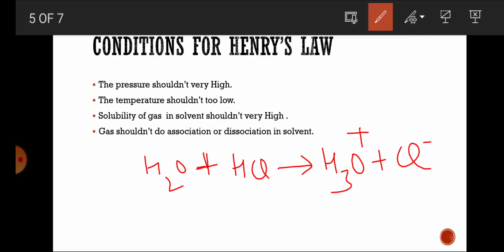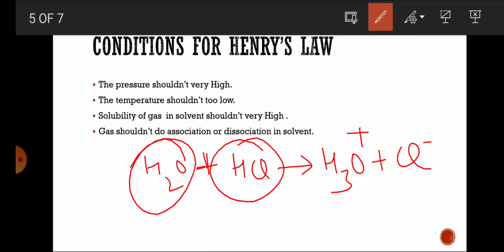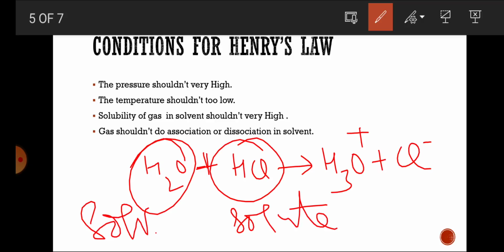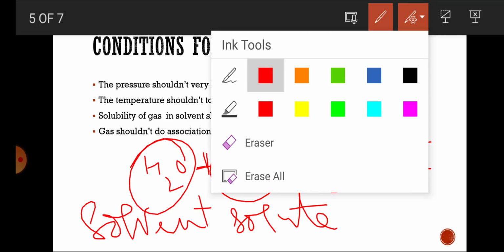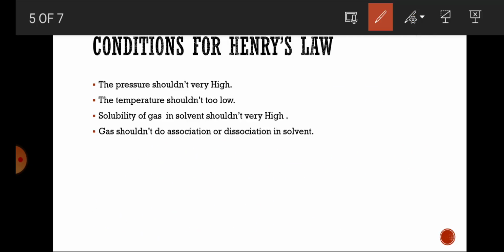So this process is called dissociation. Dissociation happens if there is an interaction between the water molecule and the HCl, where HCl acts as the solute and water acts as the solvent. Okay, students, so these are the important conditions for Henry's law.